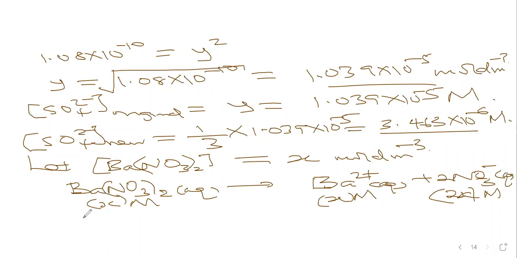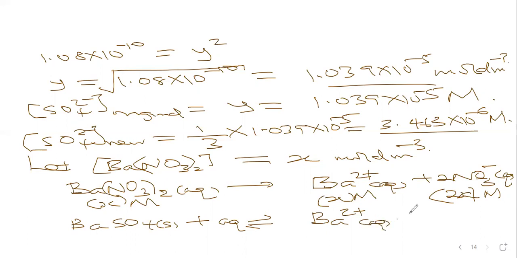Now that of the barium sulfates, its equation is this: barium ions plus sulfate ions. So the trick is here.